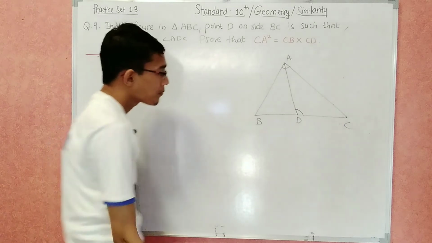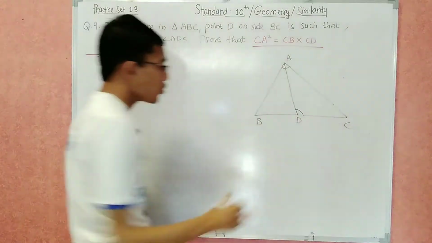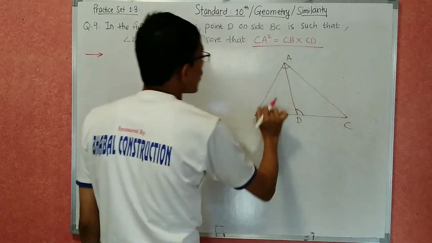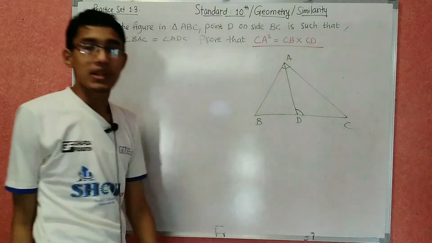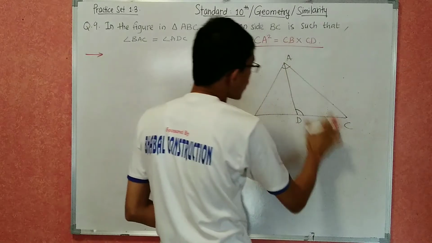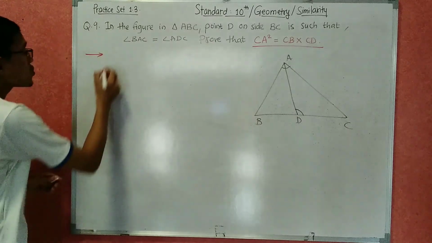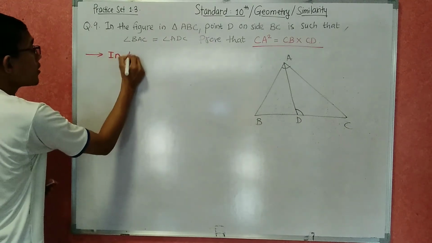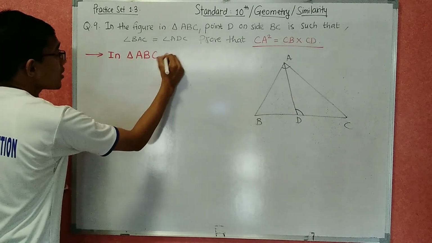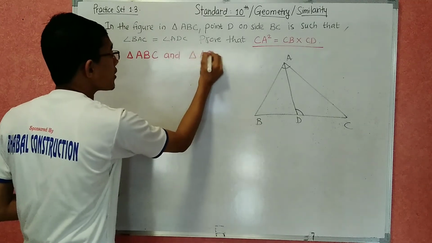Now again, in this particular equation, we know that we need CB, we need CD, and we need CA. That means which triangles will we consider? We will consider triangle ABC and triangle ADC. So I will take in triangle ABC and triangle ADC.